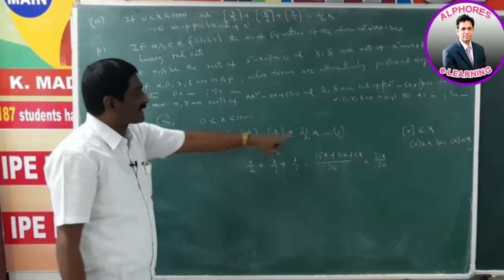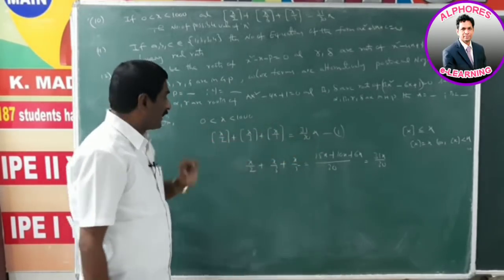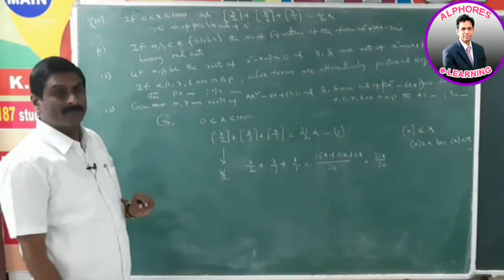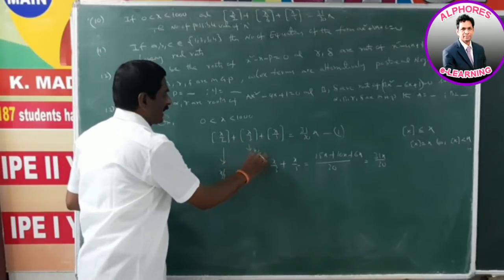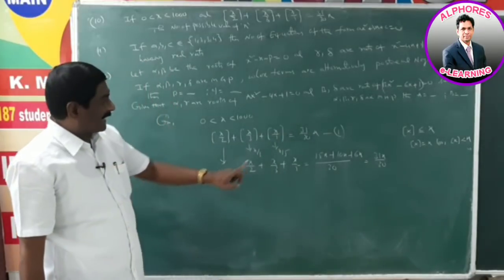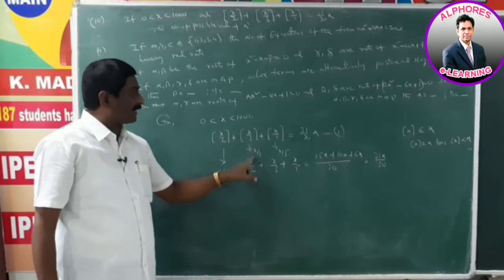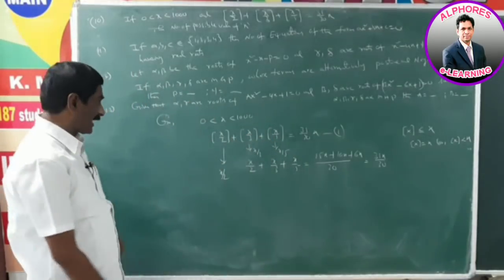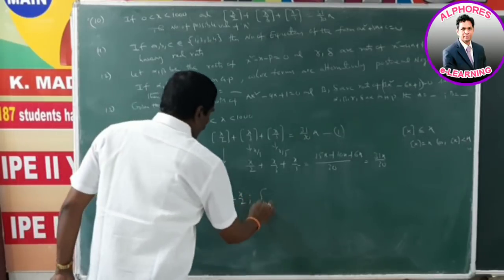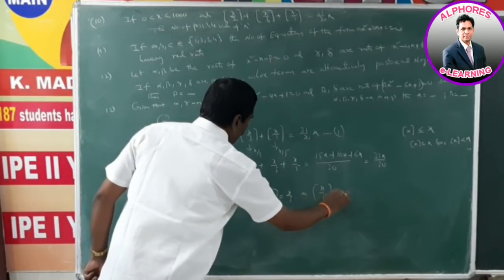But from the given, the RHS is 31/30 into x. That means it is possible only when [x/2] is equal to x/2, [x/3] is equal to x/3 and [x/5] is equal to x/5.